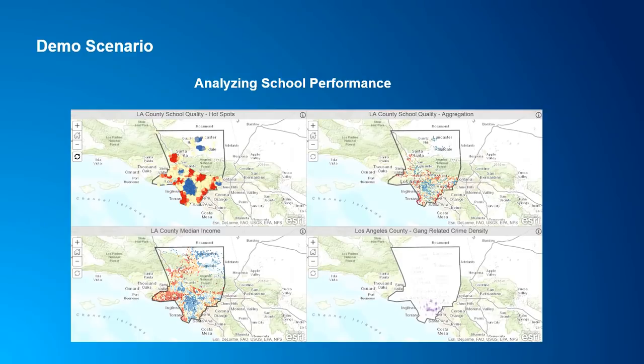So the higher the score, supposedly the better the school's academic performance. What I would like to do is to analyze the school's data and see if I can identify any spatial distribution and pattern for my school's performance. Okay, let's get started.